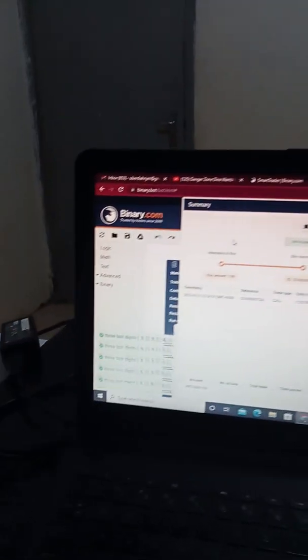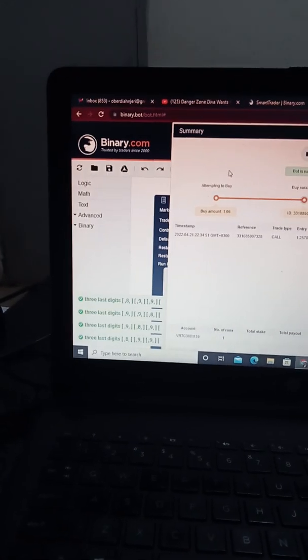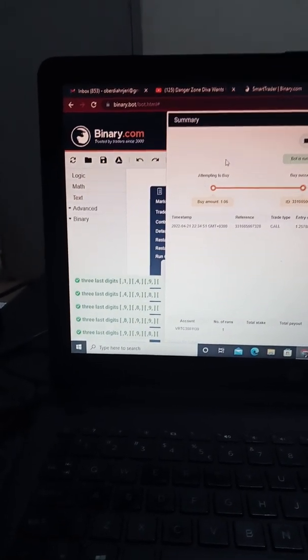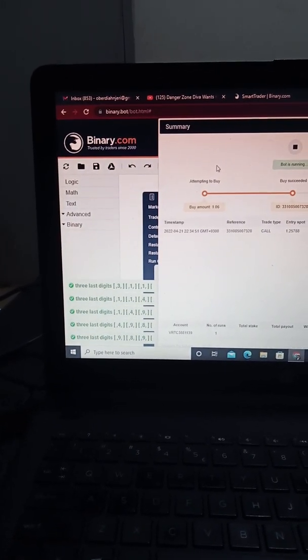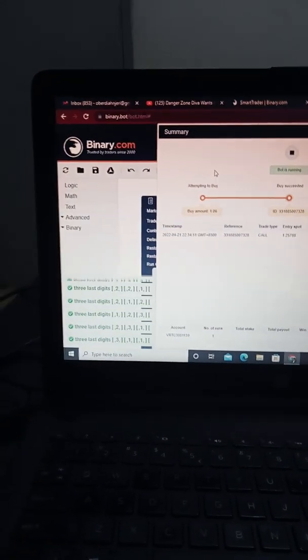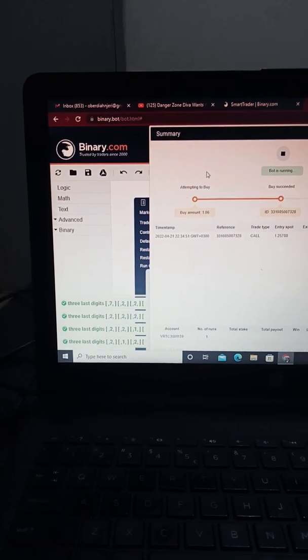Now, the bot uses algorithms to select a number, like the last digit on the trading level.